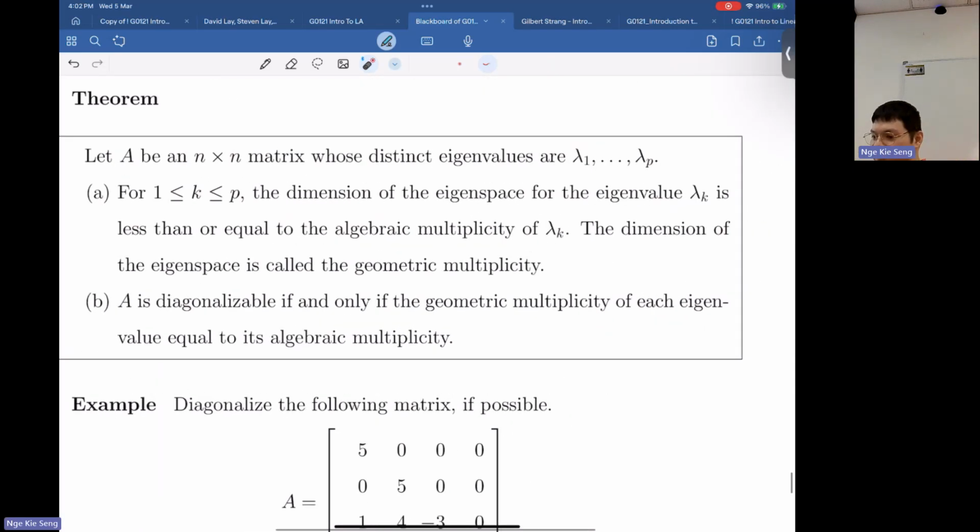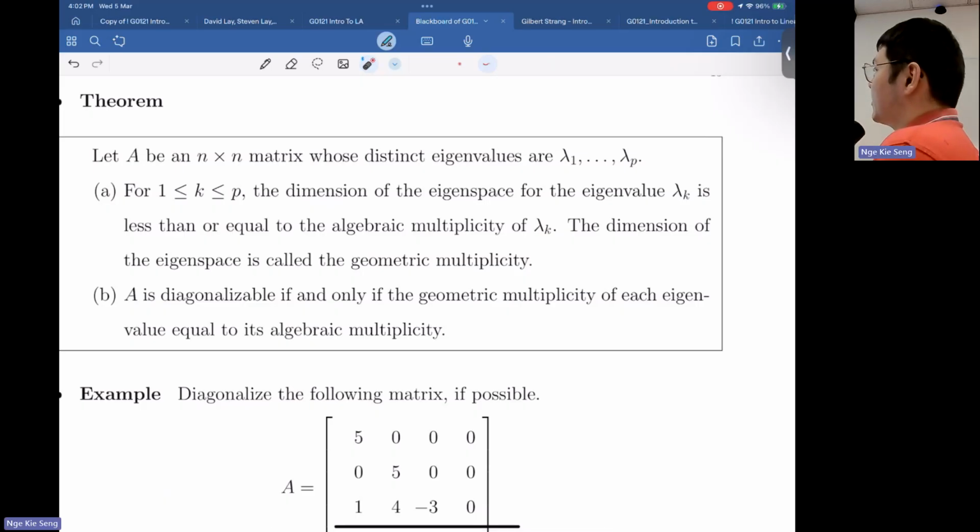So the theorem here is this. The dimension of an eigenspace for an eigenvalue is less than or equal to the algebraic multiplicity. So you can only be less than or equal. If your algebraic multiplicity is 2 and you found the dimension is 3, it's wrong. It cannot be more than your algebraic multiplicity.